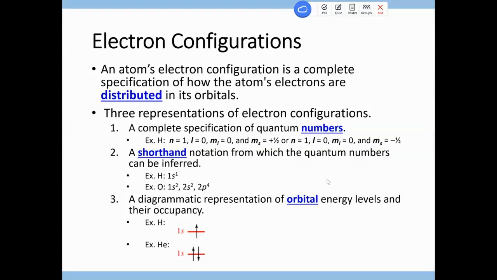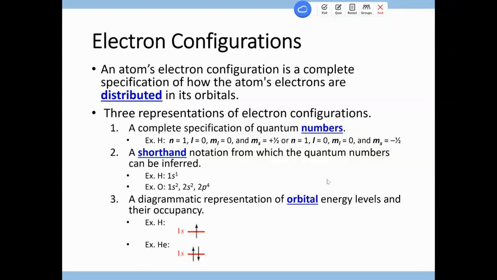We can also represent orbital energy by showing an orbital diagram. And these are really simplified. We'll see a more complicated one, which will make more sense when we have more going on.